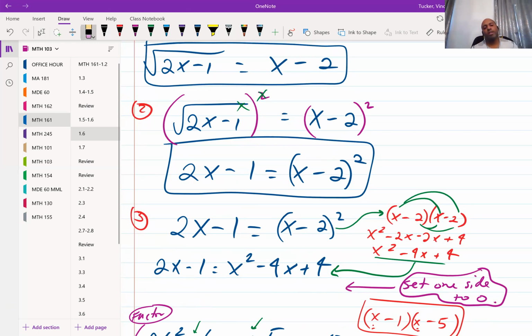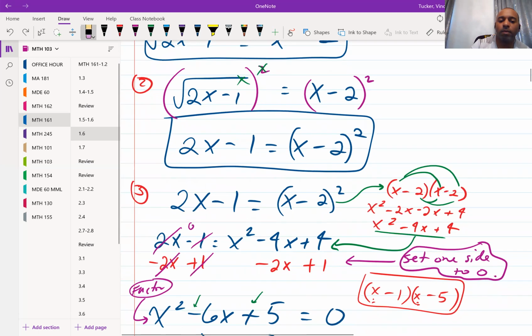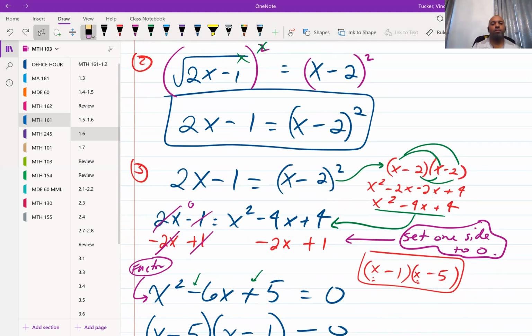So we have 2x minus 1 equal to x squared minus 4x plus 4. Now you have to set one side equal to 0. I'm going to take the 2x and the minus 1 over. So I need to subtract 2x and add 1 to both sides. And that gives me x squared minus 6x plus 5.